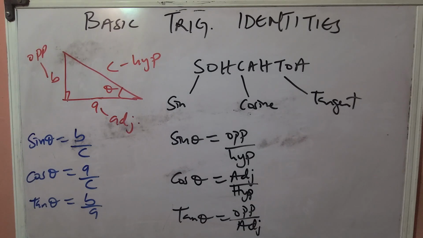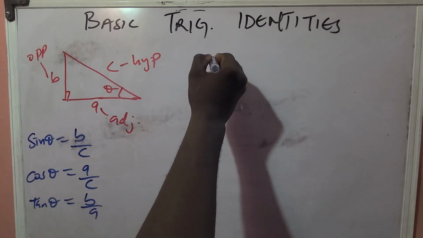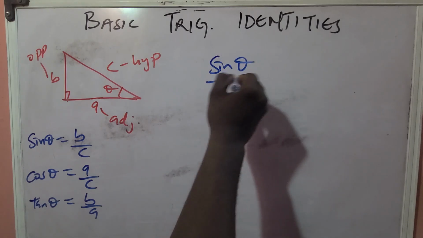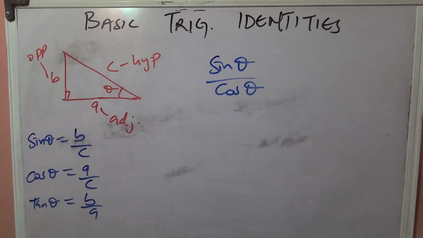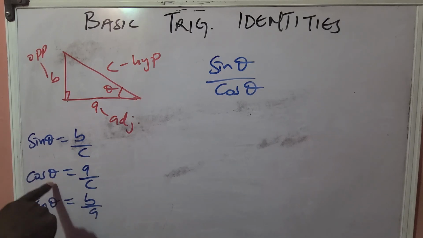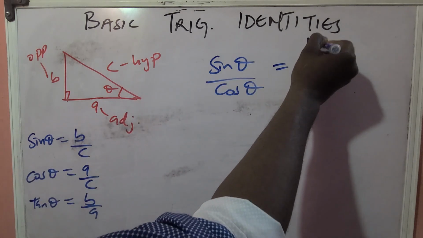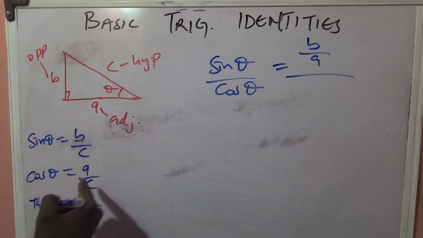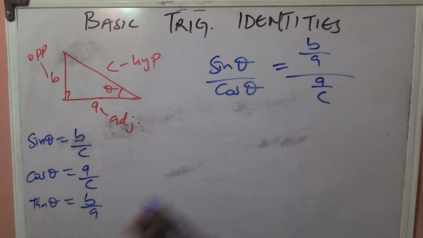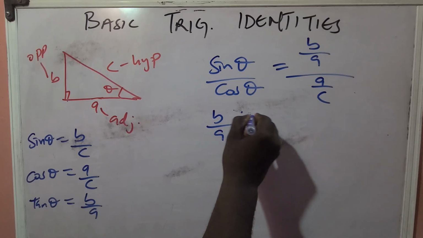Now, let's go on to try and derive our very first identity. Let's do sine of an angle divided by cos of an angle based on this right angle triangle. So the sine of this angle theta divided by the cosine of angle theta. From what we have here, the sine of angle theta will be B over A divided by A over C. You can bring that to simplify it further in this format.